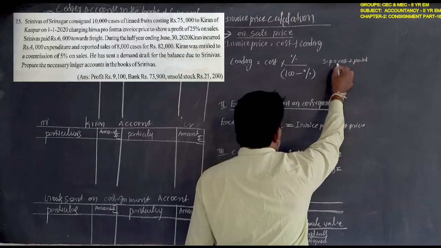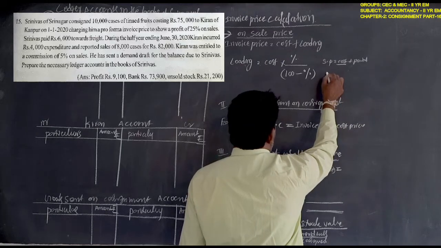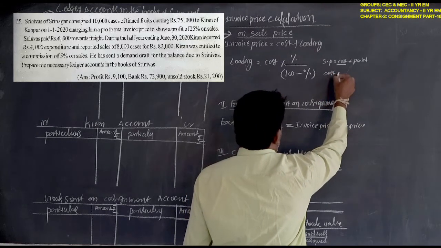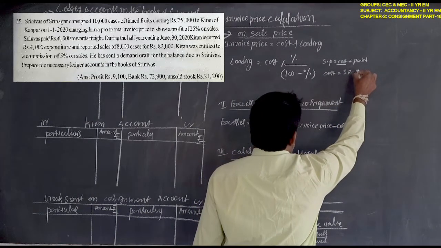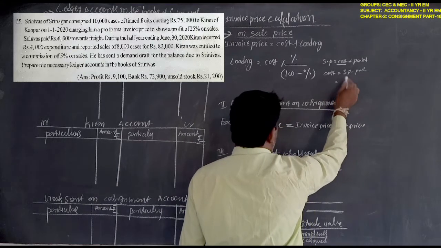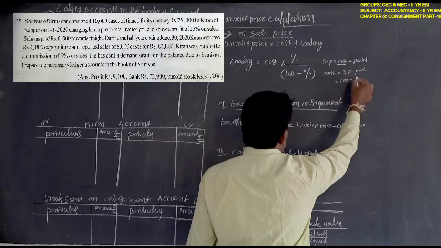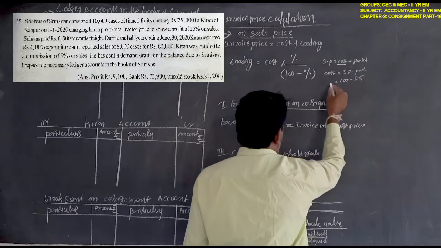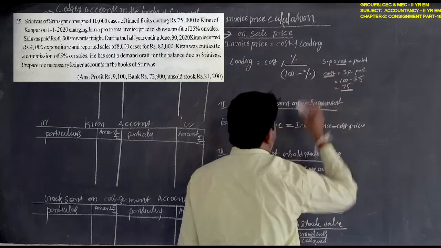In this problem it is given on the cost. So how do we get the cost? Cost is equal to sales price minus profit. Cost price is equal to 100 minus profit of 25%, so 75% is the cost price.